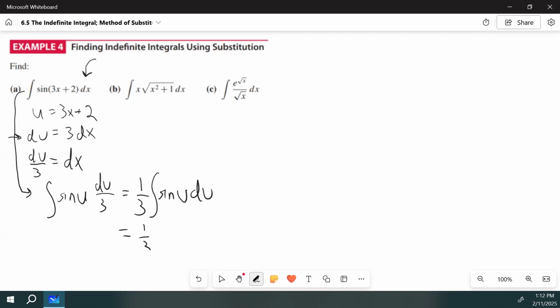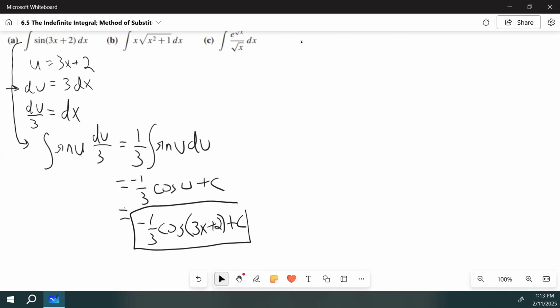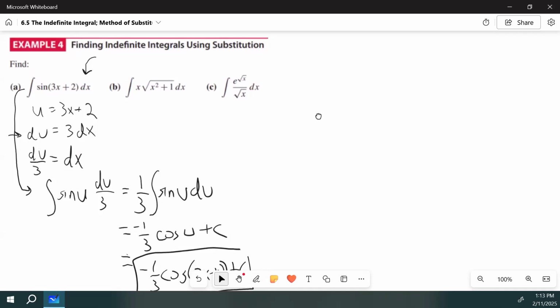Now the antiderivative of sine is negative cosine, so negative cosine u plus c. And then back substitute the u: negative 1/3 cosine of 3x plus 2 plus c. And there we are. And again, you can check by differentiation.